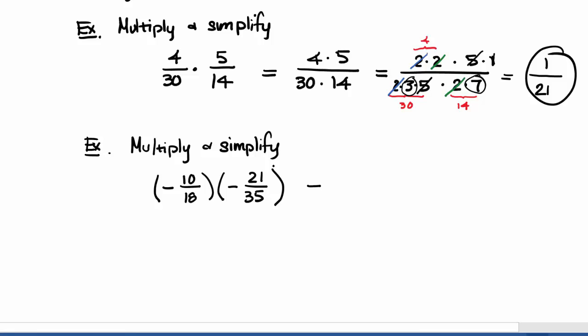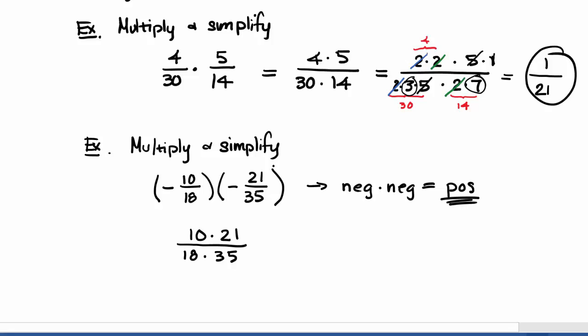Okay, and again, remember, a negative times a negative means my answer is going to be positive. So my answer, I've got to remember, is positive, and then everything else I just do the same way. I have 10 times 21 over 18 times 35.